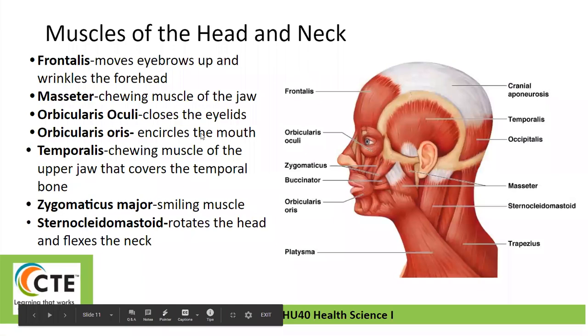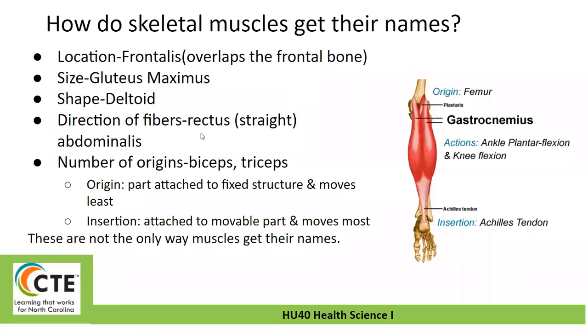Direction of fibers. So the way the fibers go, some go diagonal, but the rectus abdominis, these ones are straight. The number of origins. An origin is the part that is attached to a structure and moves the least. So the muscle, like our bicep, bi is two, has two heads to the origin.